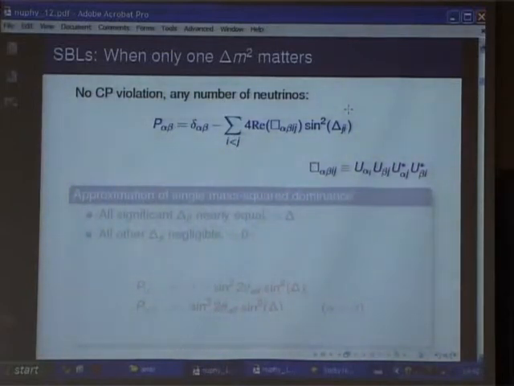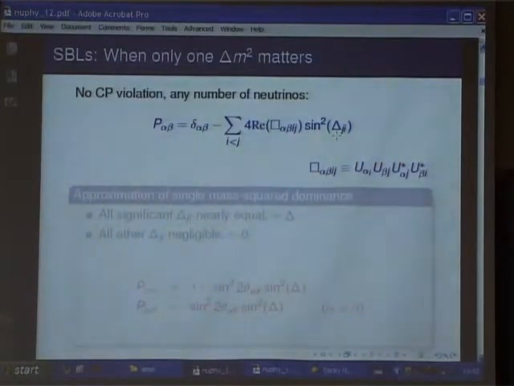So now, if we go to a specific class of experiments where only one delta is very significant. See, this is sine square of delta ij. Now, delta ij can have different values depending on what you want to do. In the standard formalism, you have delta 3 1, delta 3 2, and delta 2 1.